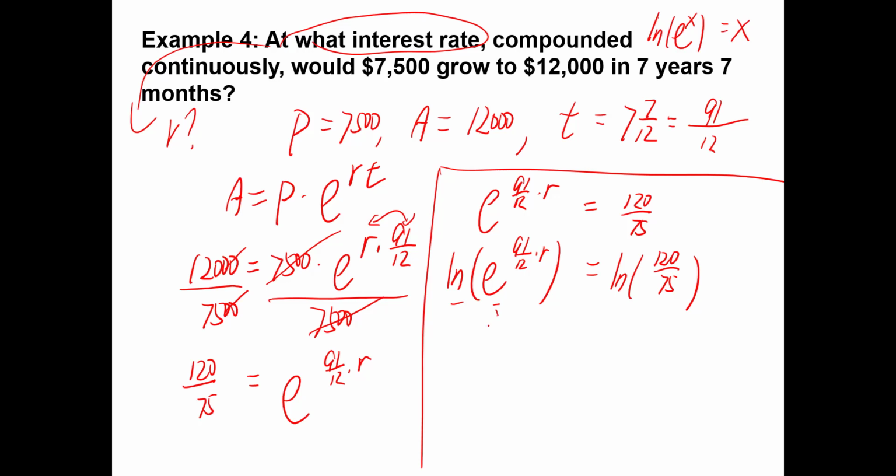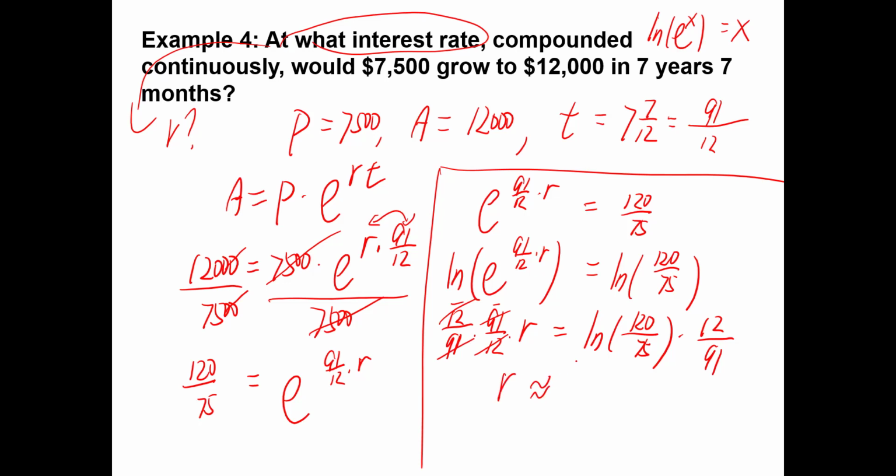So similarly here, 91 over 12 times R equals ln of 120 over 75. Now we need to get rid of the fraction in front of the R, so multiply by the reciprocal, 12 over 91. So this whole thing gets cancelled. R is by itself. R is approximately equal to ln of 120 over 75 times 12 over 91.